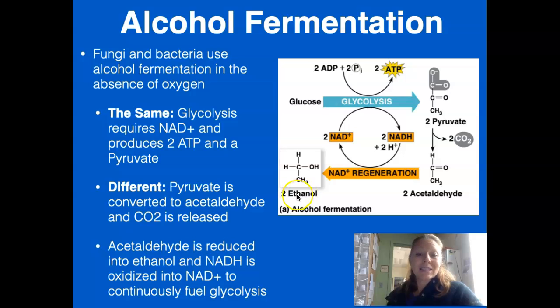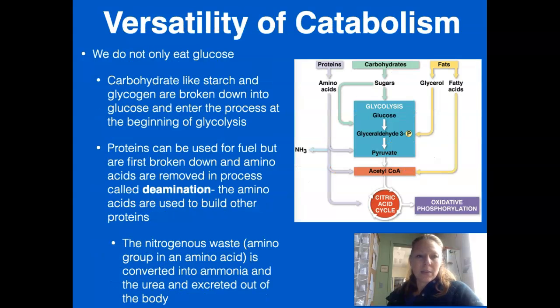And so ethanol is the alcohol that we find in beer and wine. And so that is simply the molecule that is being formed because it needs to accept those hydrogens so that NAD plus can fuel glycolysis, which is a pretty cool little process if you think about it.